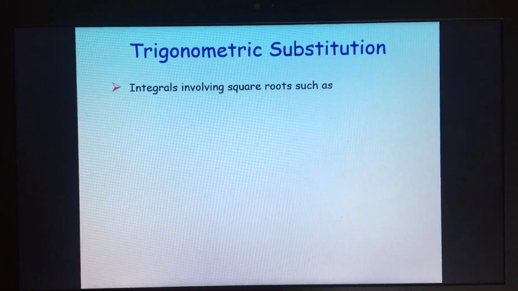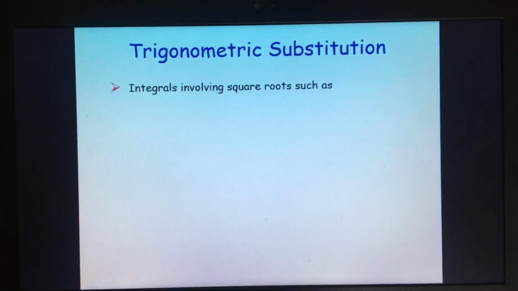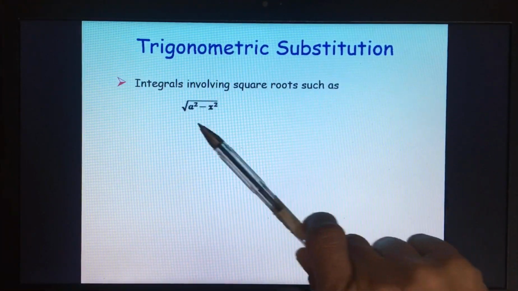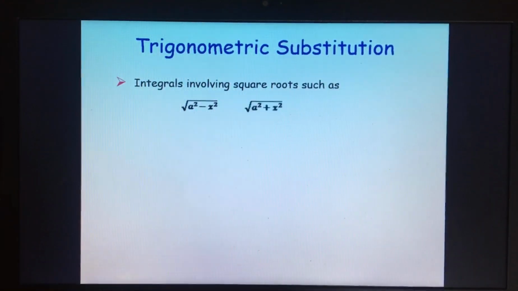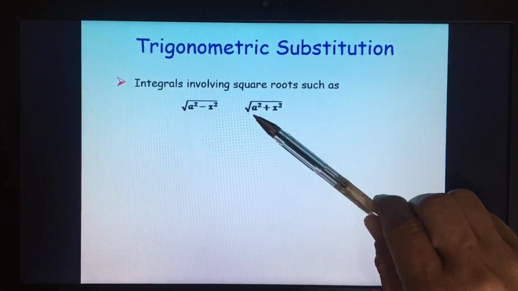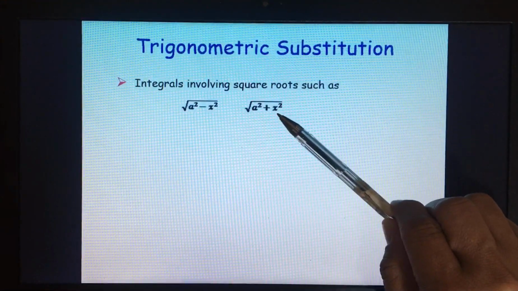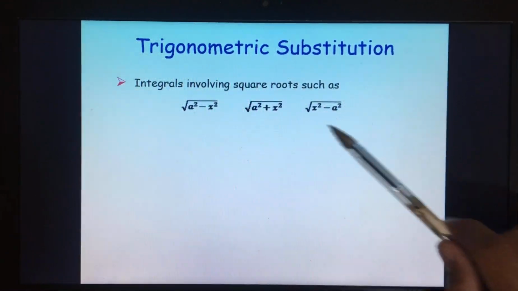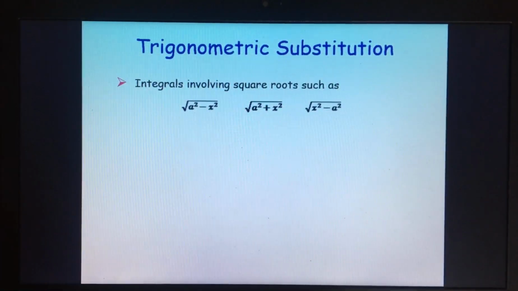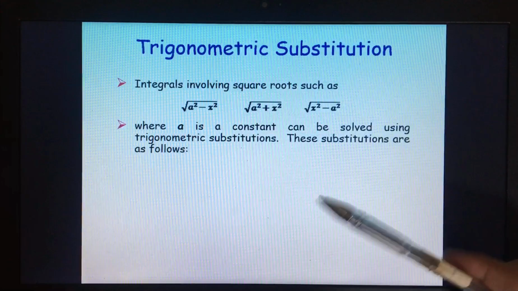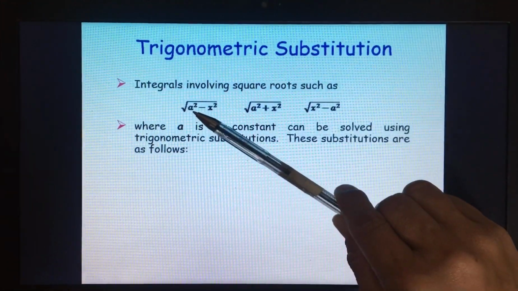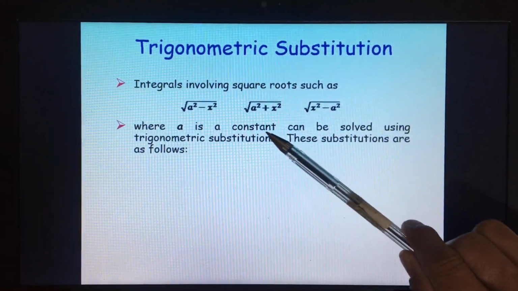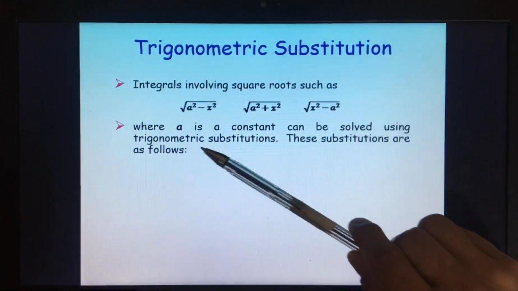So those integrals that involve square roots, such as the square root of a squared minus x squared, or if our integral contains the square root of a squared plus x squared, or the square root of x squared minus a squared, then we are going to use trigonometric substitution, where a is a constant, and these can be solved using trigonometric substitutions.